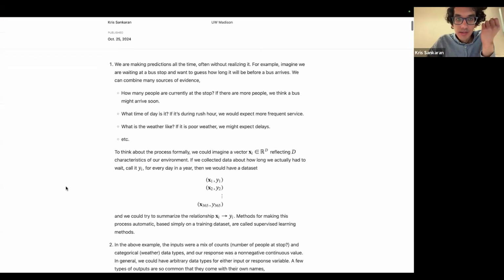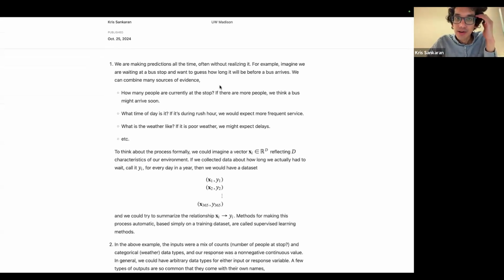Okay, so my first story is that even though in machine learning we give so much attention to algorithms, actually everyone is making predictions all the time. It's not restricted to machine learning. Even things like choosing to take the bus to work.